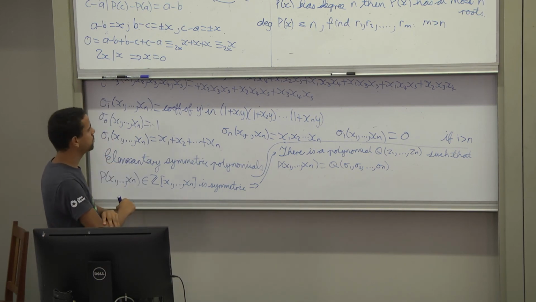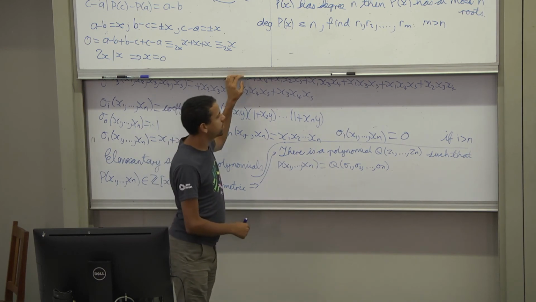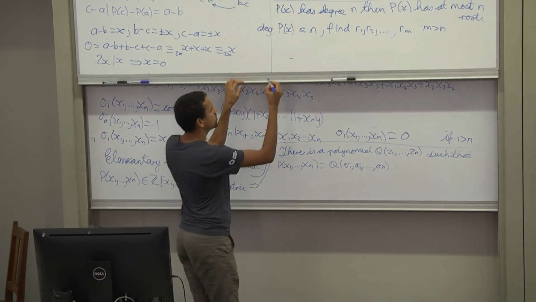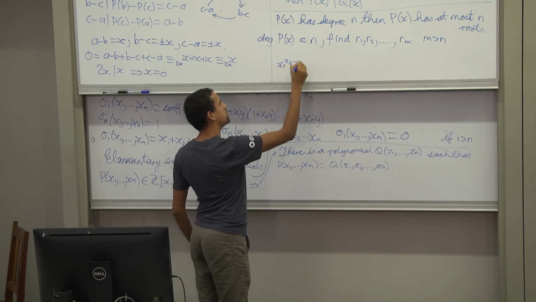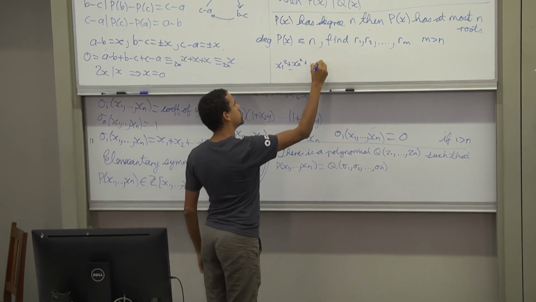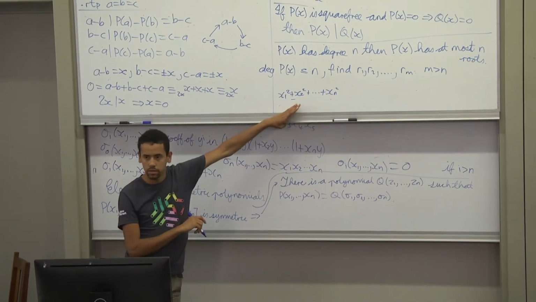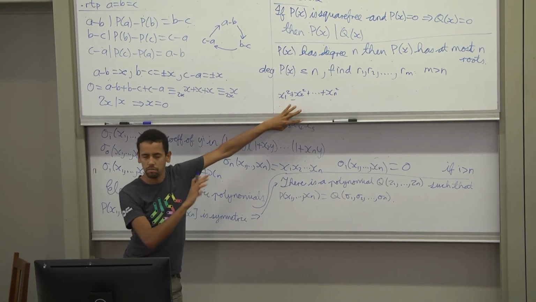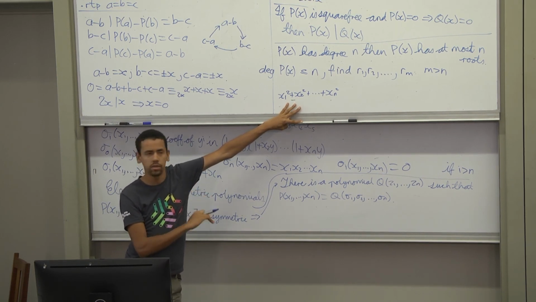For example, if I want the sum of squares, so x1 squared, x2 squared, up until xn squared, that is symmetric. The sum of any nth powers or odd powers is going to be a symmetric polynomial.